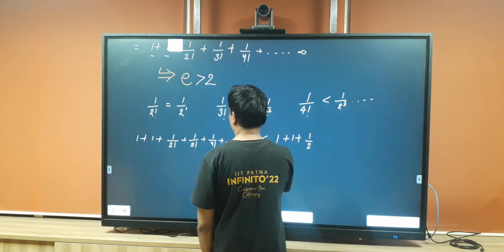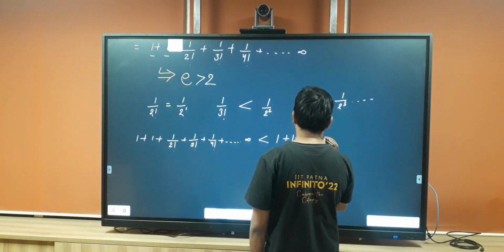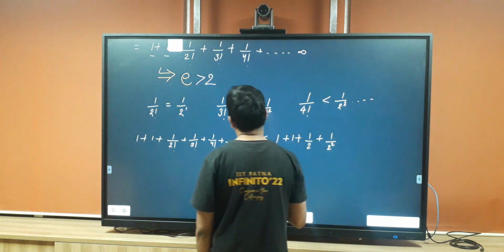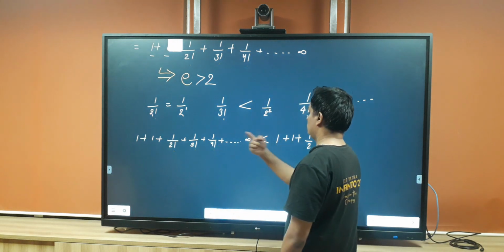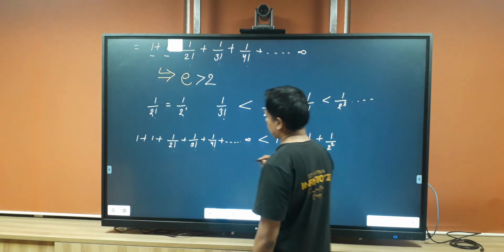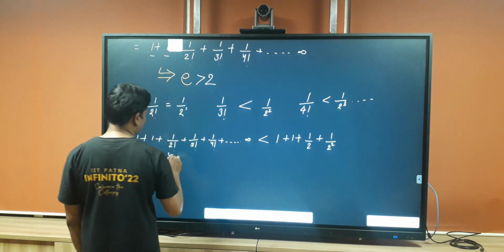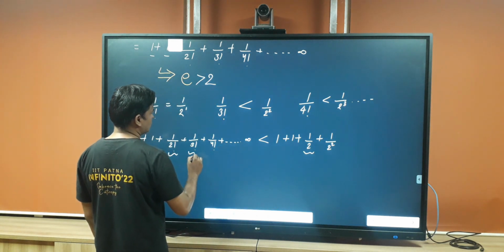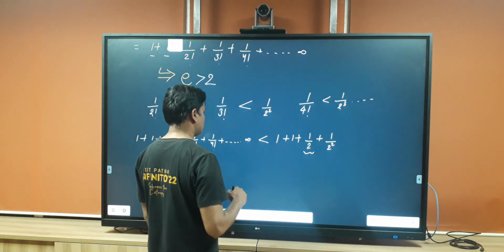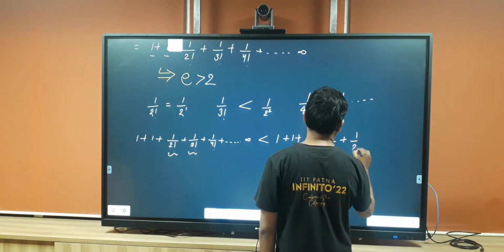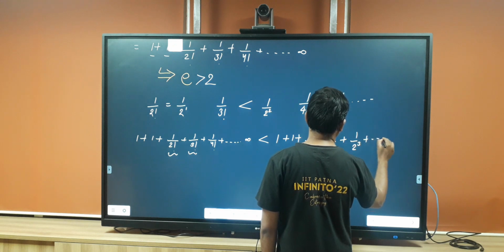Then in place of 1 upon 3 factorial, I am going to write a greater term, 1 upon 2 square, since 1 upon 2 square is greater than 1 upon 3 factorial. Now in place of 1 upon 4 factorial, I am writing 1 upon 2 cube, like this.